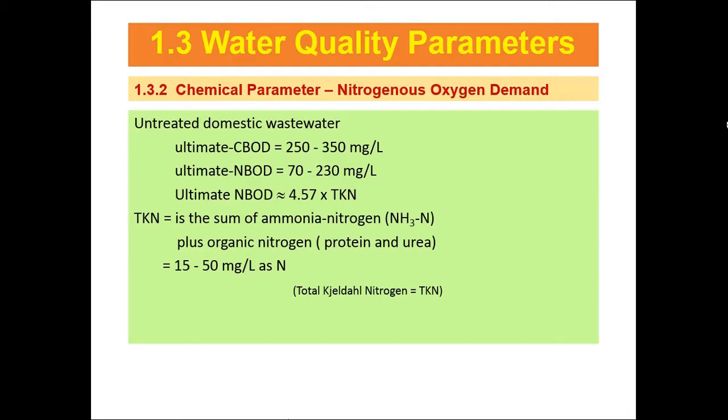Sometimes you can compute the nitrogenous BOD as 4.57 multiplied by total Kjeldahl nitrogen. Total Kjeldahl nitrogen is the sum of ammonia nitrogen plus organic nitrogen, typically between 15 and 50 milligrams per liter as nitrogen.